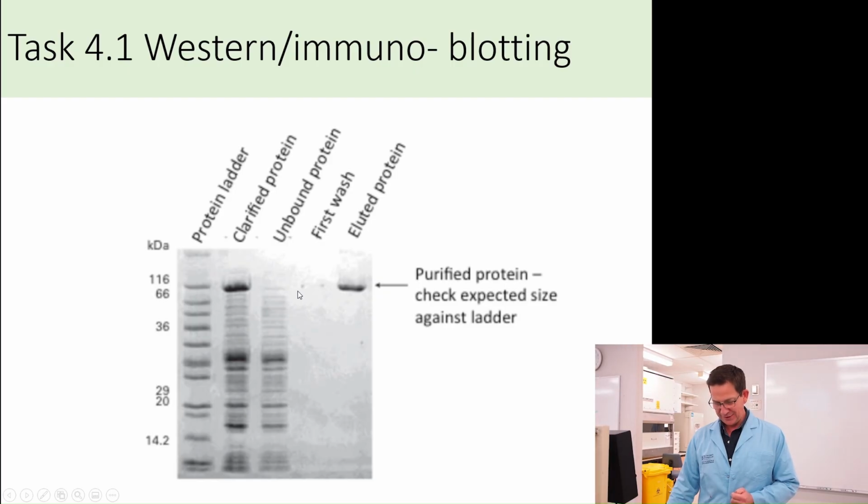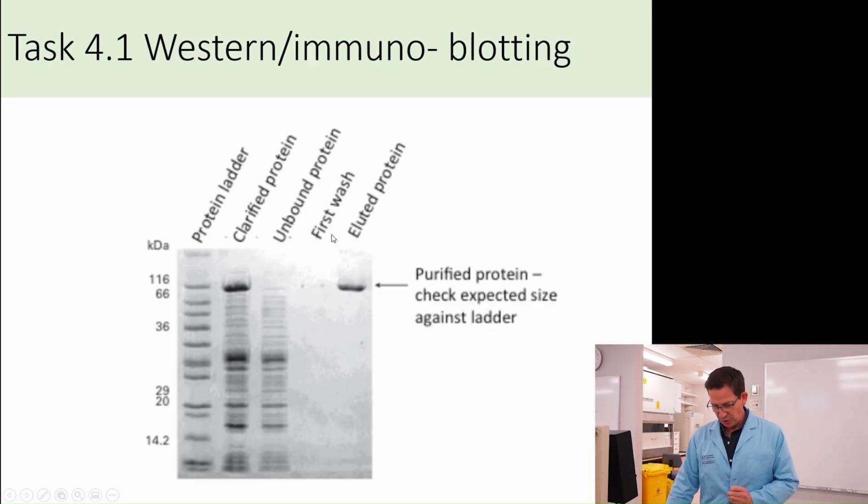Well, it's clearly this one that has been extracted. Unbound means these are the proteins that remain after binding to IMAC, or the Talon resin. And so we're demonstrating by running this fraction that a particular protein has been pulled out from the complex mix of the unbound, clarified supernatant.